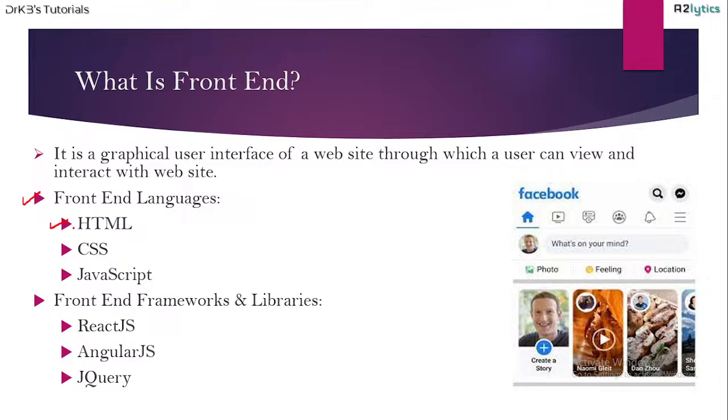You can use HTML, CSS and JavaScript. Also, you can use some front-end frameworks or libraries. These are some front-end frameworks: ReactJS, AngularJS, jQuery. By using these you can develop front-end applications.